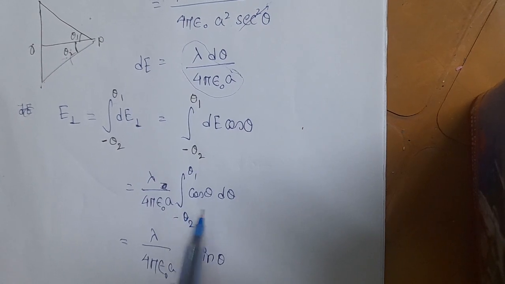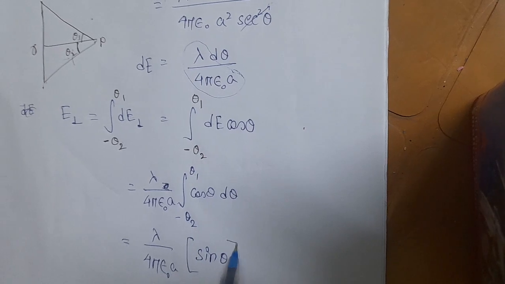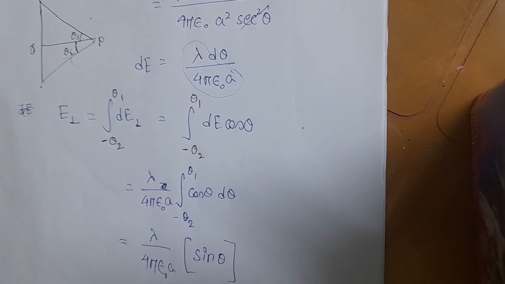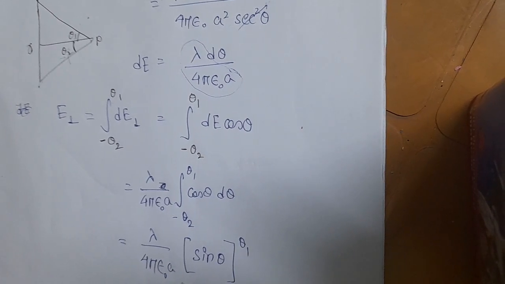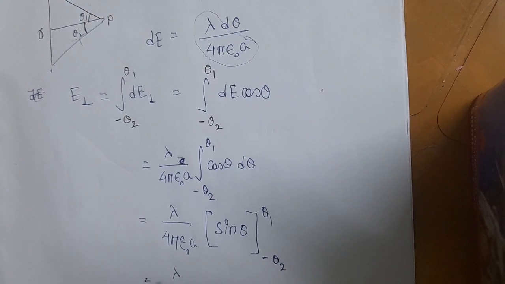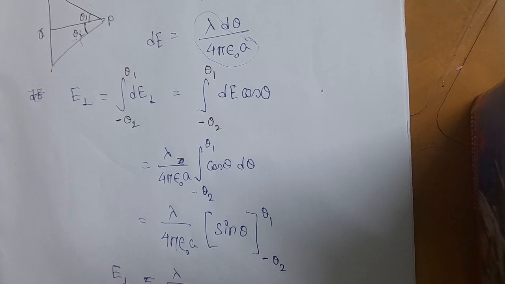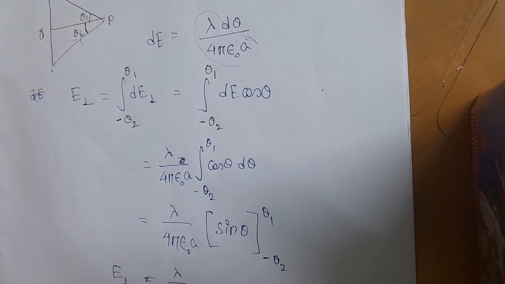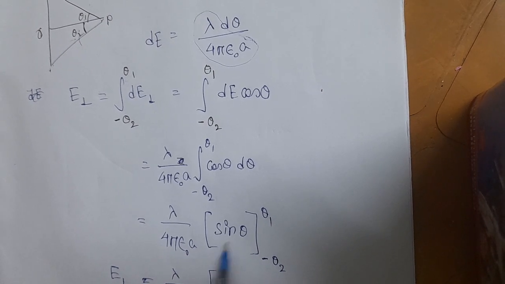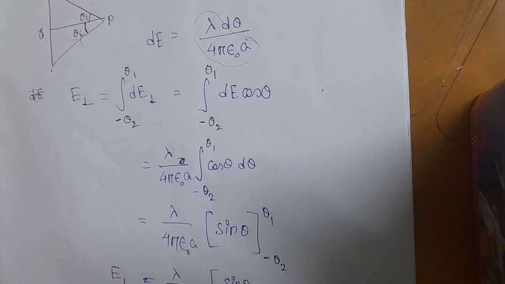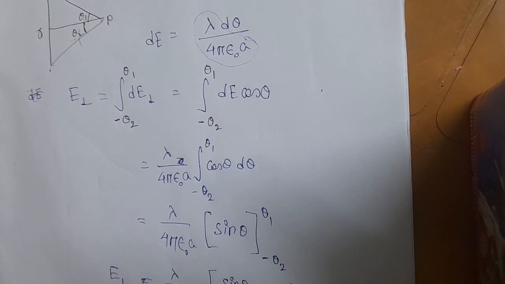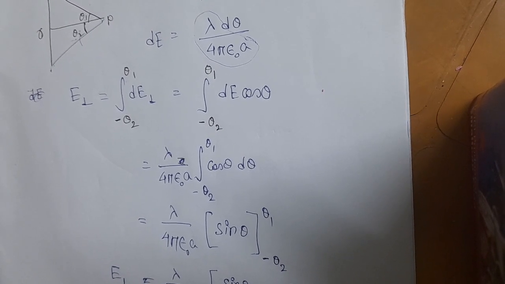Don't make integration mistakes here, such as putting minus sin theta or something. Minus theta 2 to theta 1, lambda over 4 pi epsilon naught a, sin theta 1 minus sin minus theta 2.